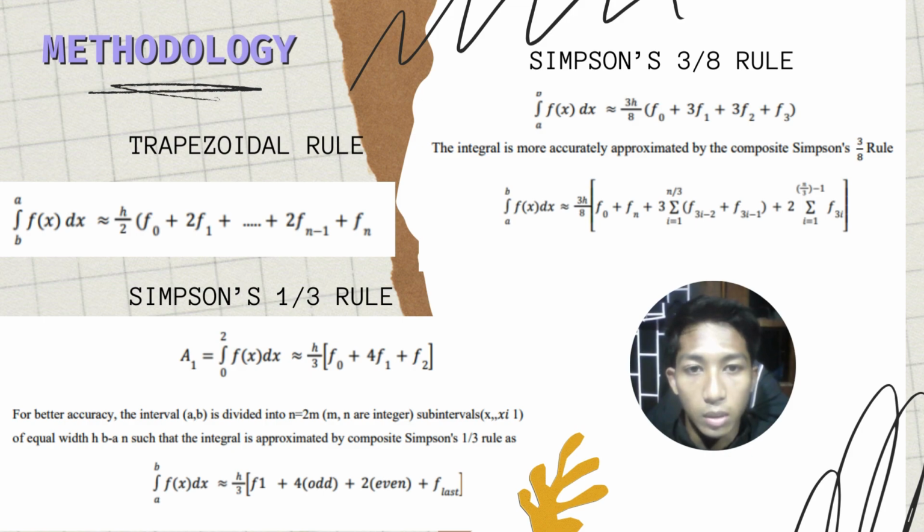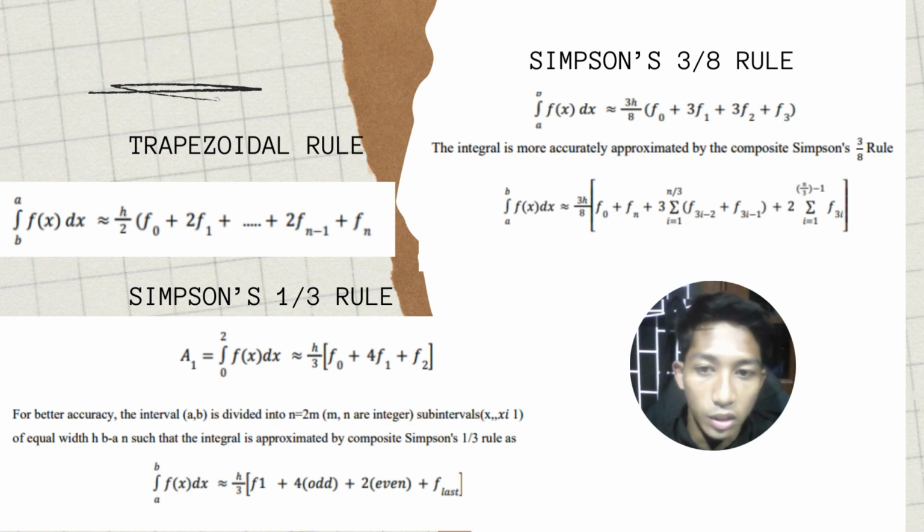And last, the Simpson's 3/8 rule is also called Simpson's second rule, another method for numerical integration proposed by Thomas Simpson. It is based upon a cubic interpolation rather than quadratic interpolation.